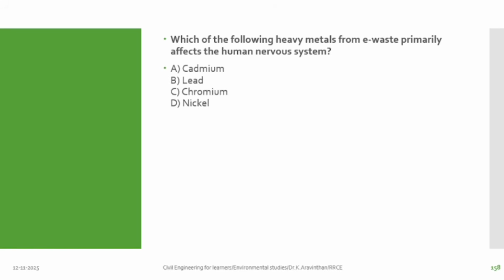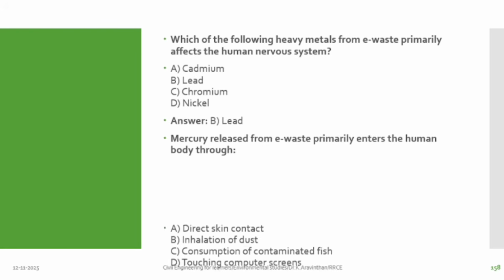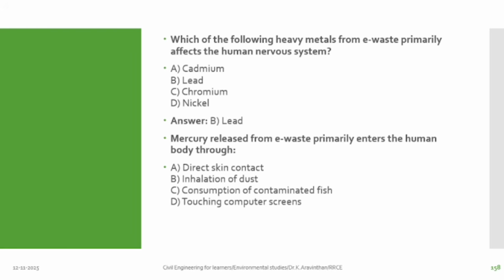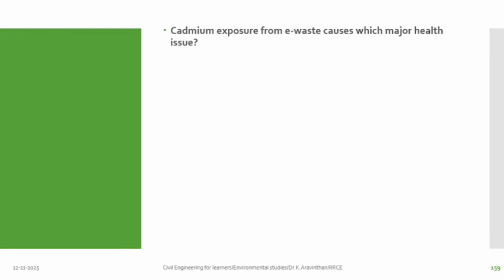Next one. Which of the following heavy metals from e-waste primarily affects the human nervous system? Lead. Yes. Next one. The mercury released from e-waste primarily enters the human body through consumption of contaminated fish. So this is what I told. Even fishes will eat that, and if we eat the contaminated fish, the problem will come to us. Yes.